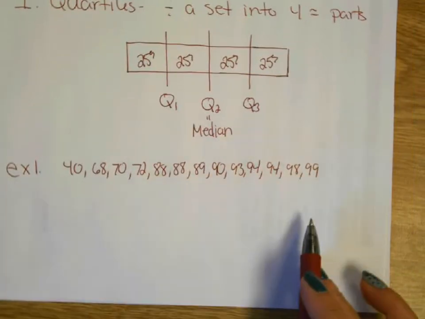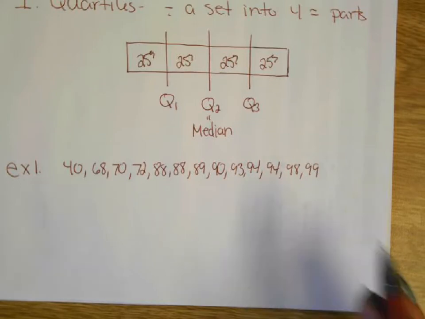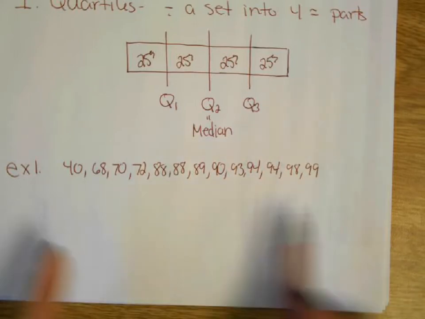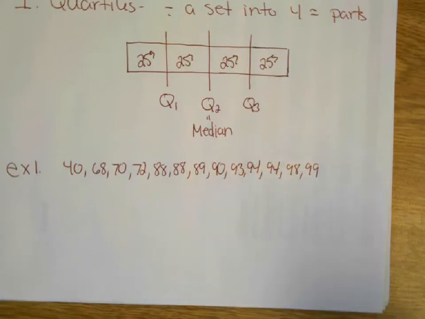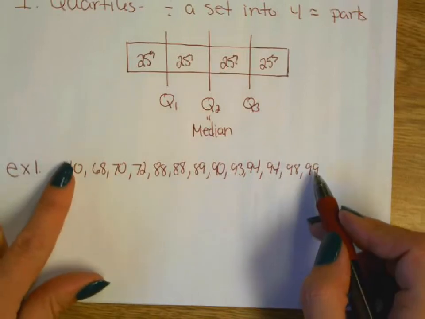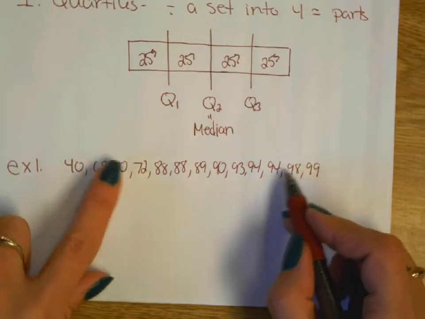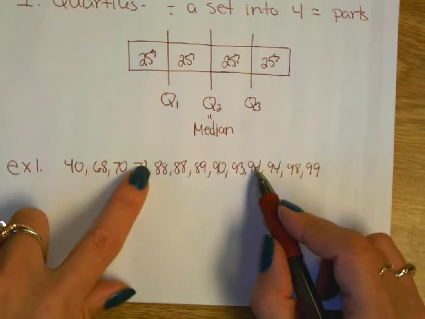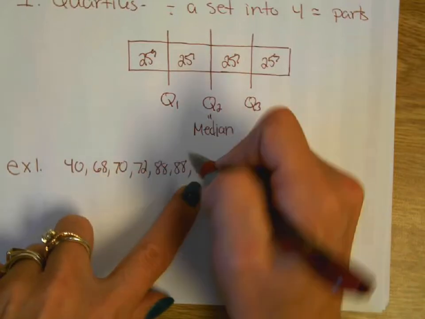Okay, there are 13 scores here, and I'm going to ask you to find the 3 quartile values. Well, you can do it by hand when it's this small, so we'll spend time doing this one by hand, and then I'll show you the 1-var stats, which will give us the same values. So because there's 13 values, we want the middle one, so you can count your way in or whatever technique you want to use. Working my way into the middle.